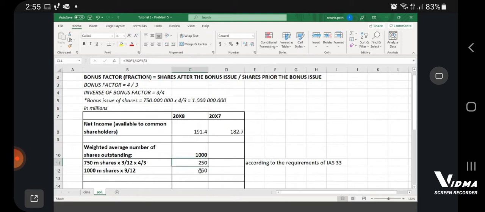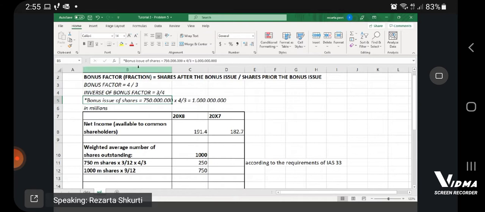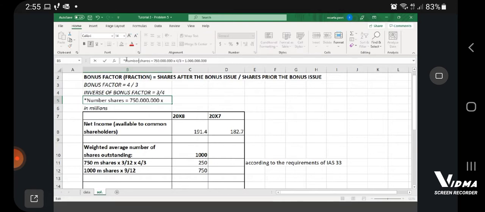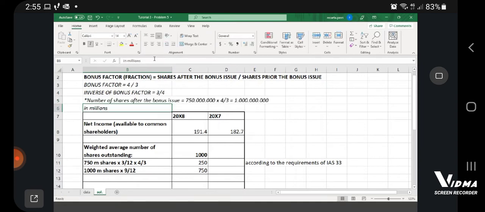No need to make all these calculations to come up with this figure, which is simply the closing balance of the shares, the number of shares after the bonus issue. This is why I wrote that over there.